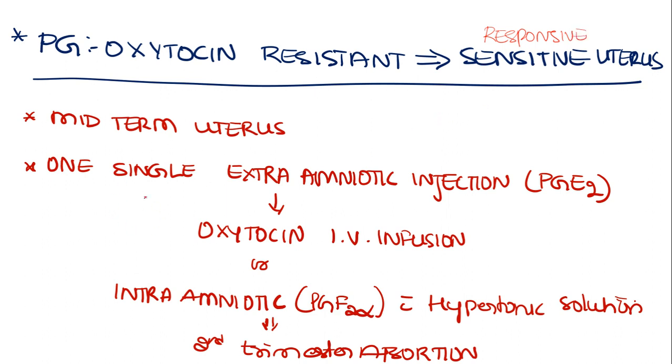Thereby, in case of midterm abortions, you can give one single extra-amniotic injection of prostaglandin E2 followed by oxytocin IV infusion, or instead of oxytocin you can use intra-amniotic prostaglandin F2 alpha with hypertonic solution to induce second trimester abortion. Along with that, you can also use pre-treatment with mifepristone.